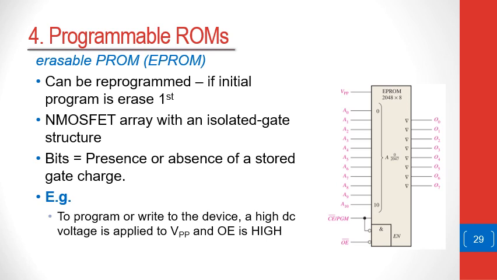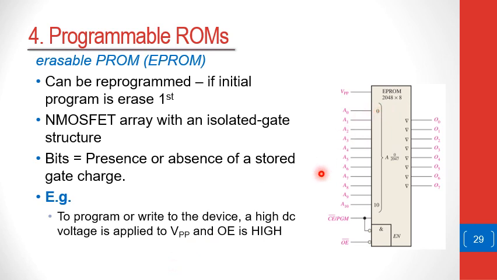There is a type of programmable ROM called an erasable programmable ROM. As the name suggests, an erasable programmable ROM can be reprogrammed if all of the previous information has first been erased.